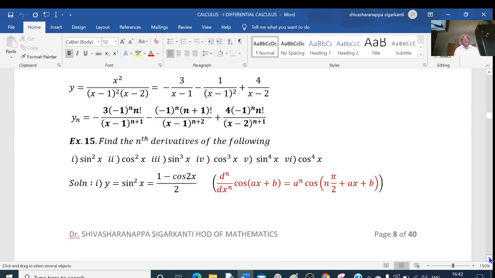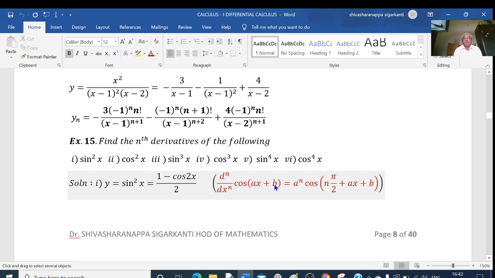Our next example, find the nth derivatives of the following: sin square x, cos square x, sin cube x, cos cube x, sin fourth x, cos fourth x. Okay. Now we know the nth derivative of sin of ax plus b as well as cos of ax plus b.